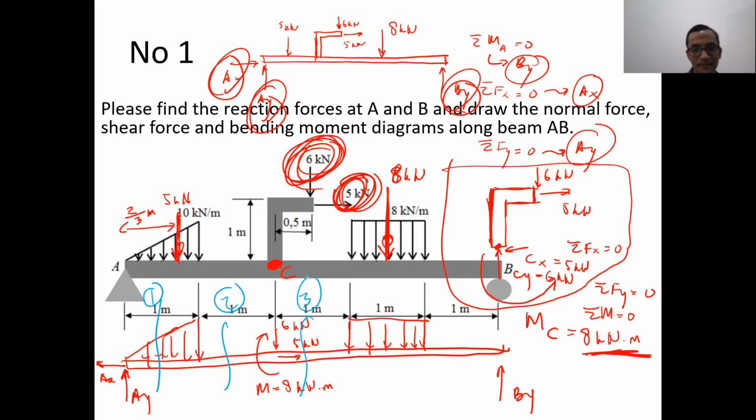Sir, but for the third cut, if we use it from the left, we still need to count the 6 and 5 kN, right, sir? Yes, correct. But if we use the third cut from the right, we don't need to count the 5. Yeah, you can. But remember, you have to calculate for this. So you can pick your own poison.